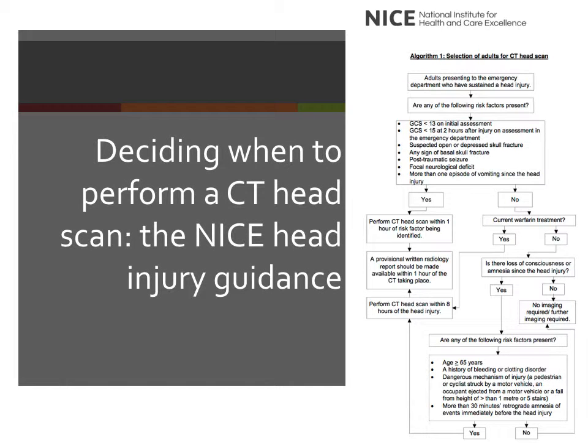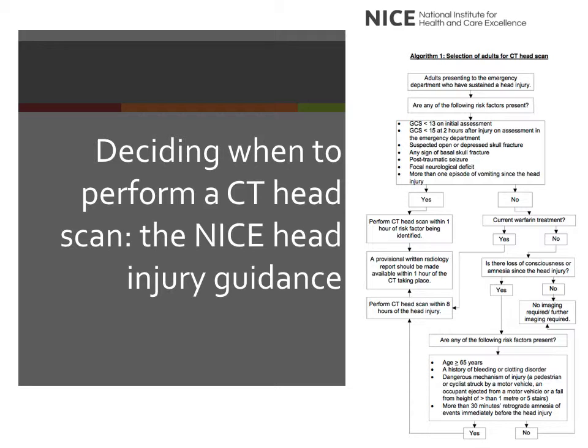NICE have issued head injury guidance to assist us in making a decision as to whether a head injured patient requires a CT scan of their brain or not. This guidance is essentially summarised in this algorithm.